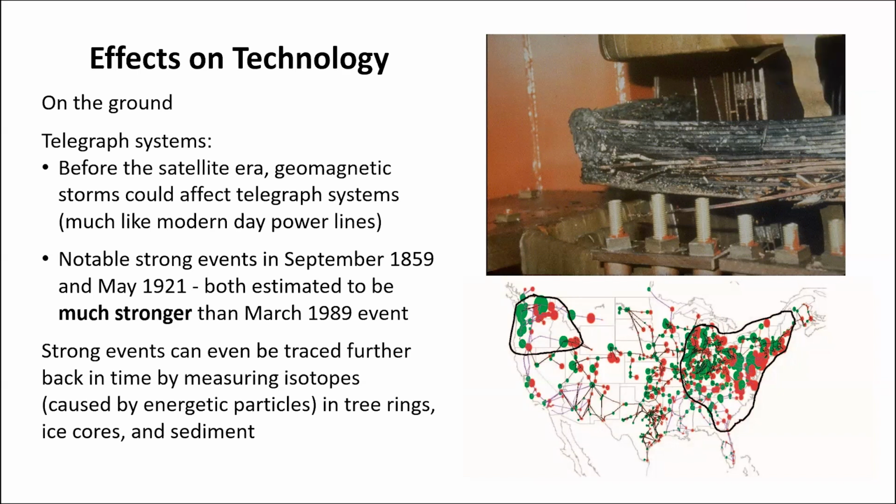And does climate change affect any of this ionization? By that, I mean, do greenhouse gases make the ionization stronger or weaker? So good question. As far as we know, it does not.